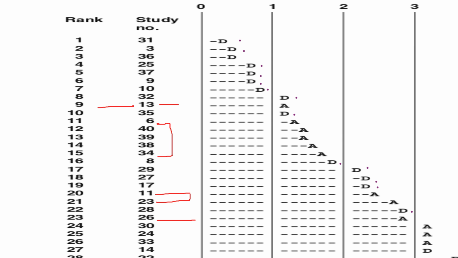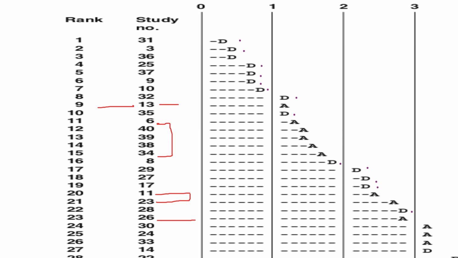The number of individuals alive is 17 in total, and then the number of people who lost contact. I was unable to reach patient numbers 6, 40, 39, 38, 34, 11, 23. I was unable to contact them at the completion of the 3rd year.